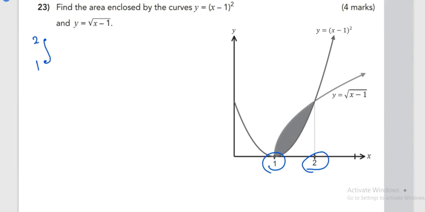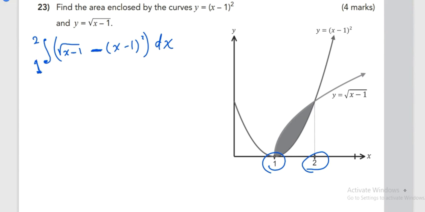We can write it first, then substitute. y1 will be root x minus 1, minus (x minus 1) to the power of 2, dx. We have to integrate this expression and substitute these two values, 2 and 1, then subtract to get the value.